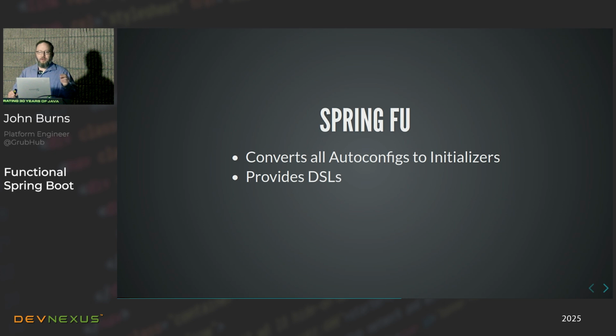Now, these are not really DSLs. What they are is builder patterns. Spring Fu supported both Java and Kotlin, so there was Kofu and Jafu. Jafu is the Java version, Kofu is the Kotlin version. In the Java version, it's your typical Java builders, you construct your initializers with various configurations and settings before they actually run.